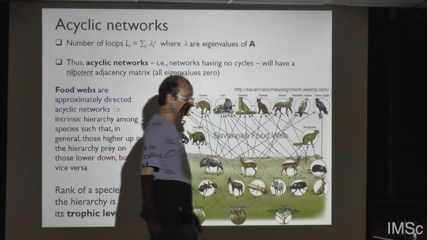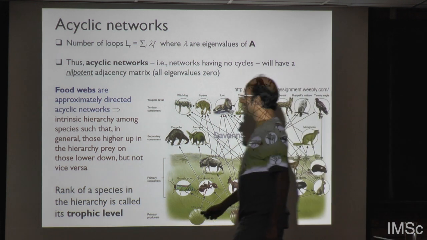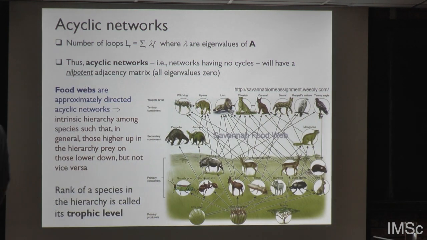Now, why is this of interest? Because many biological systems turn out to be at least partially acyclic. Now, how do you find the number of cycles in a network?